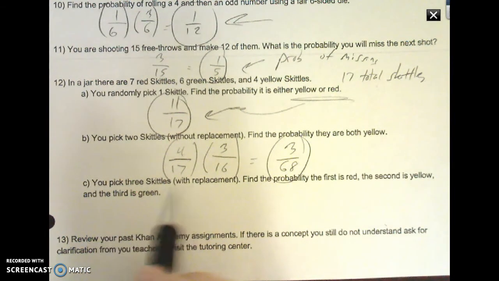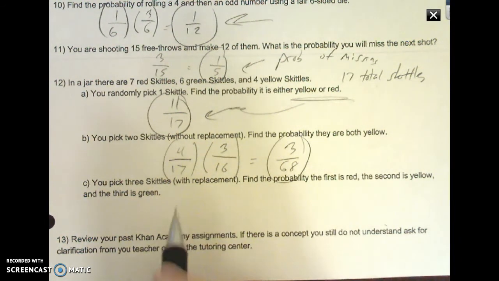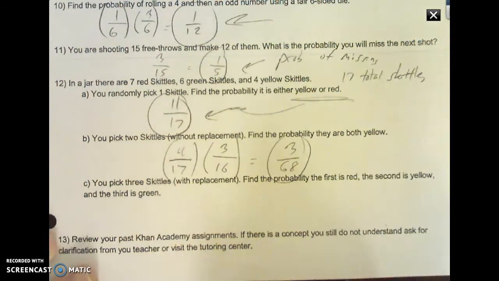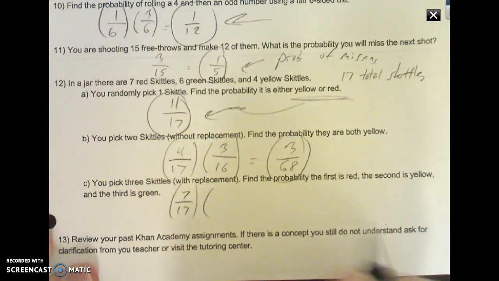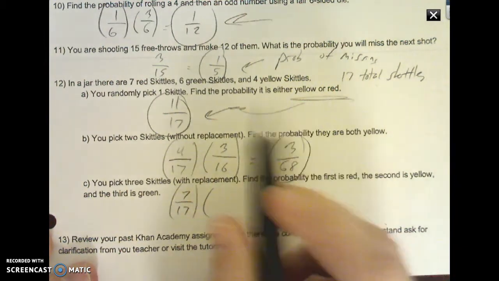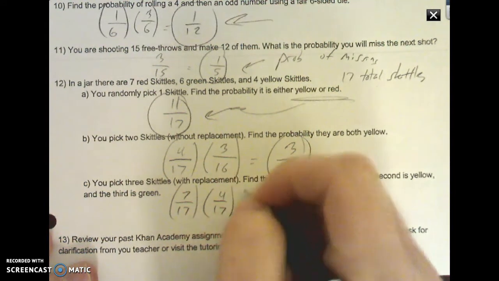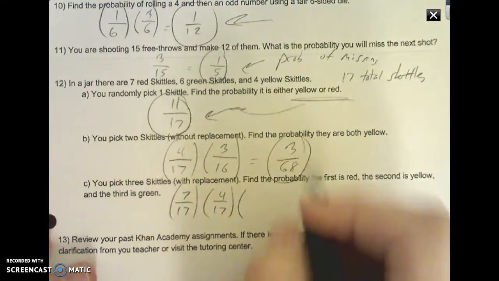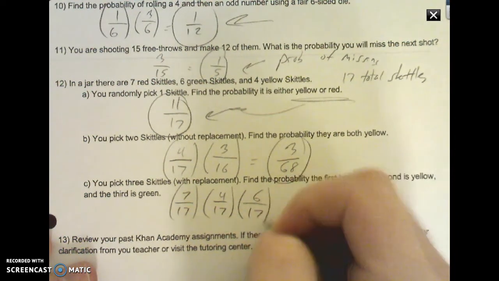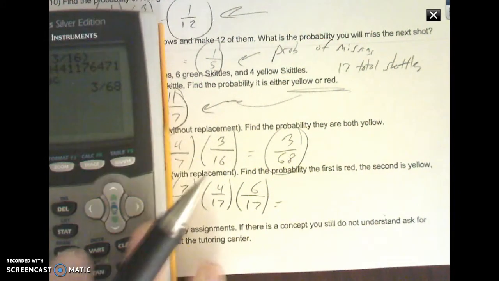Lastly, here's with replacement. On the probability, the first is red, second is yellow, third is green. So the chances of picking out a red are 7 out of 17, but then you put it back. The second one is yellow, so 4 out of, again, 17, because I'm not taking it out, I'm leaving it in there. And finally, your green is 6 out of 17. Okay? Notice that with replacement means I keep the 17 throughout. So let's see here.